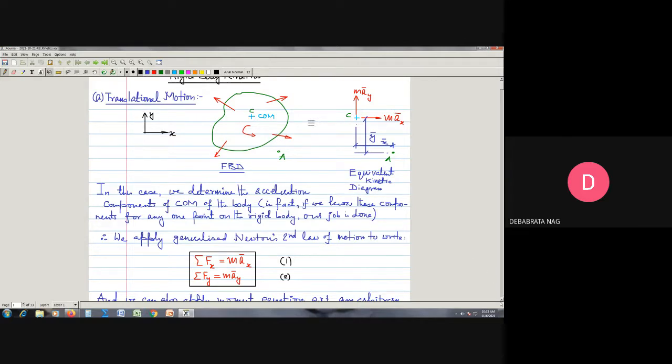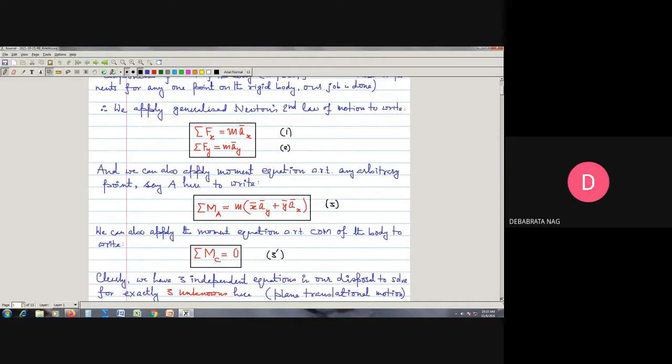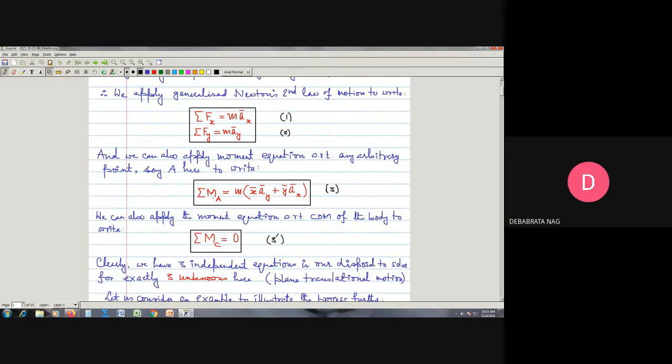should be equal to, if we consider that the clockwise moment is positive, because all these moments in this case are clockwise. There may be some anti-clockwise moments, or all moments may be anti-clockwise, and we can take the anti-clockwise moment as positive, or it may be the case that some of the moments will be clockwise and some will be anti-clockwise.